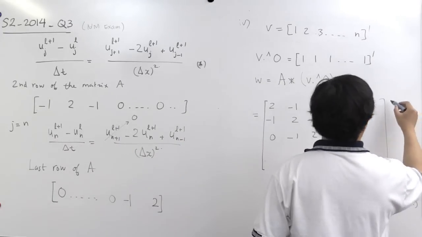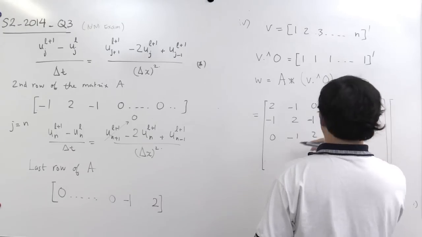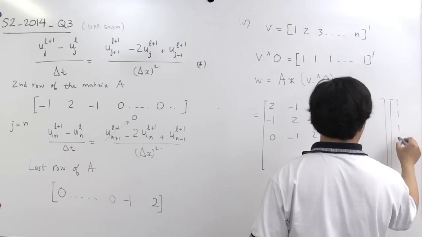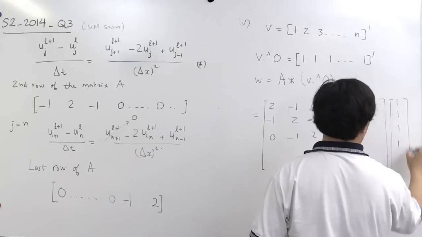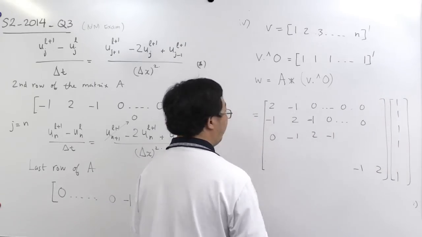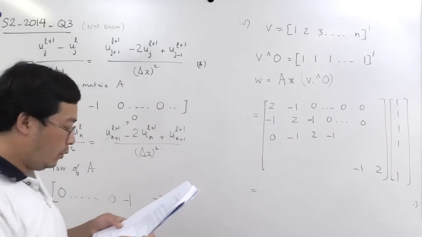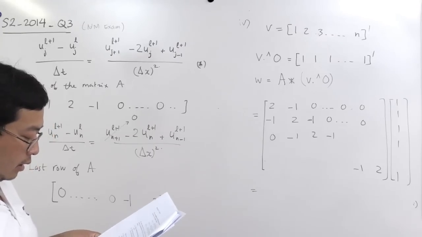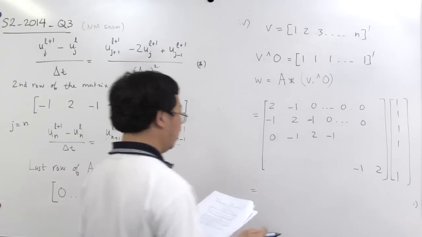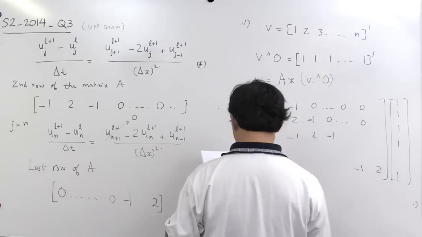So then you just have to multiply this matrix with 1, 1, 1, 1 up to n. And the question just asks you what is the second entry of the result.